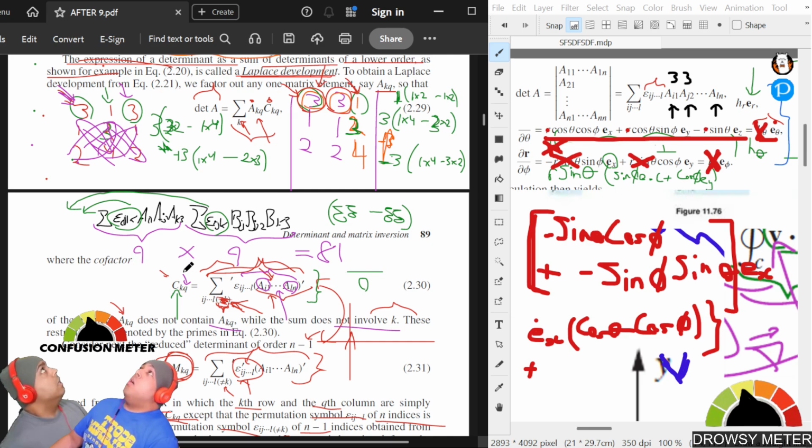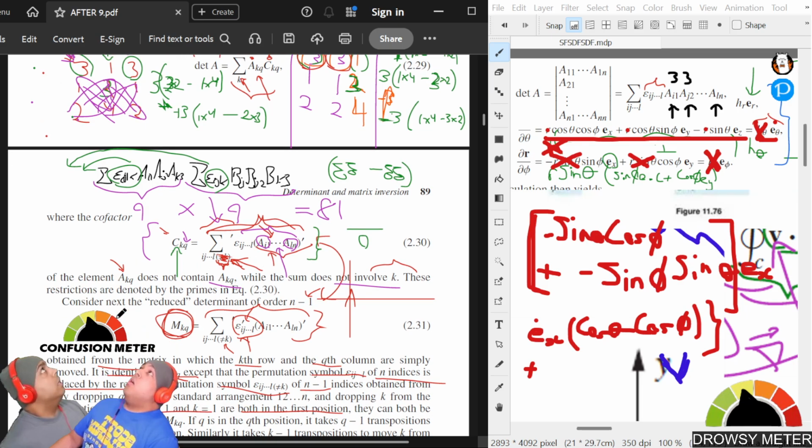Where the cofactor CKQ equals this, of the element AKQ does not contain AKQ, while the sum does not involve k. These restrictions are denoted by primes. Consider the reduced determinant of order n-1.